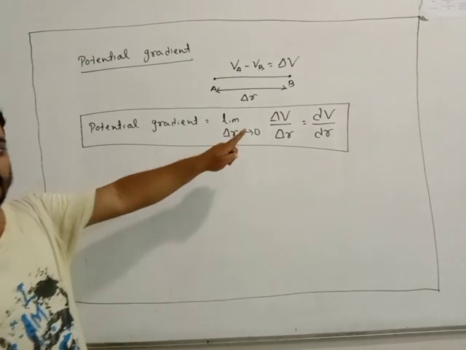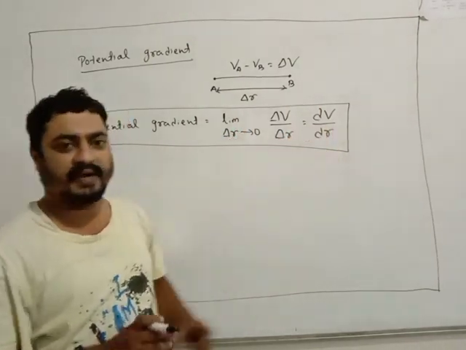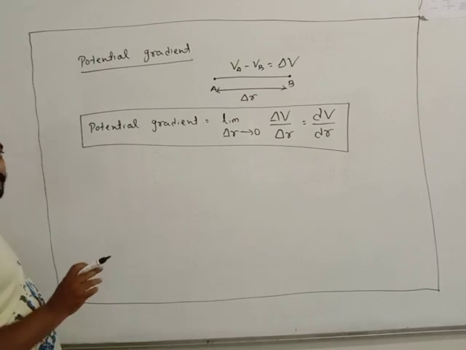What is potential gradient? It is dV by dr.